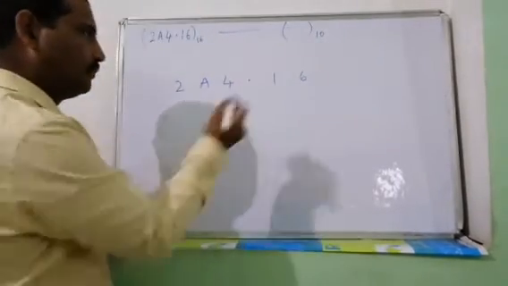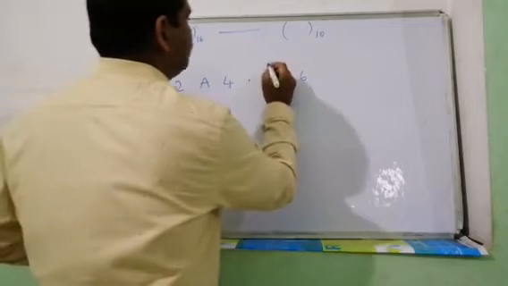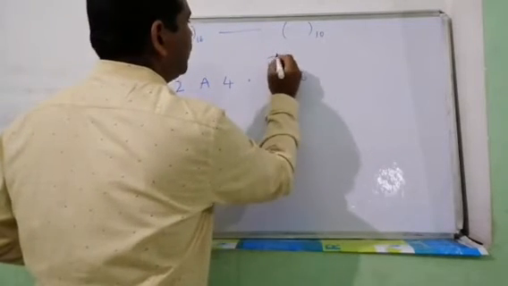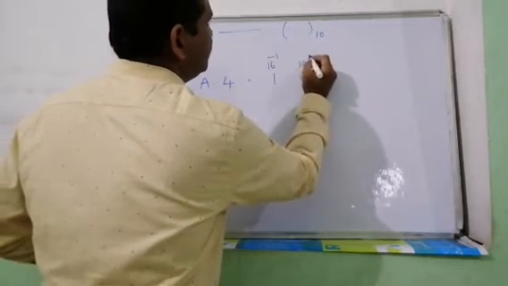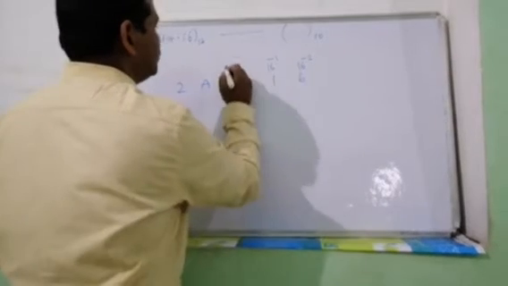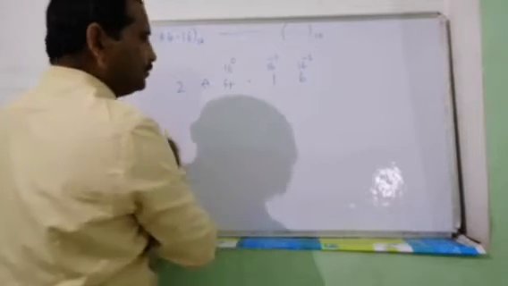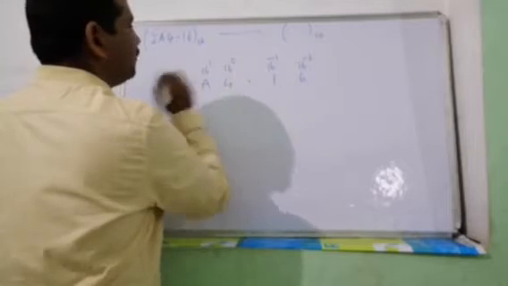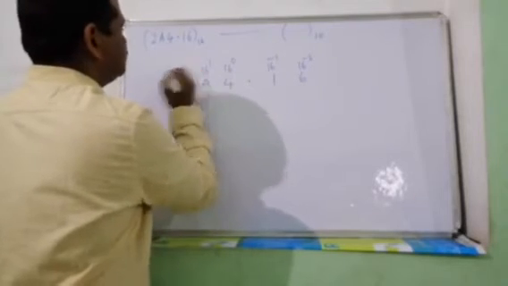We have to write the weight. This will be 16 to the power minus 1. This is 16 to the power minus 2. This is 16 to the power 0. This is 16 to the power 1. This is 16 to the power 2.